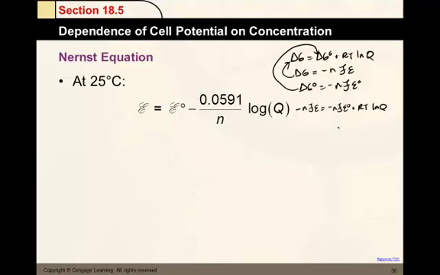Dividing both sides by negative NF, I end up with E equals E0 minus RT over NF, and I'll make the F the Faraday fancy F, ln Q. Because T, which is the temperature at 25 degrees, the R, which is the gas law constant, and the Faraday are all constant, and factoring in log and ln, when this is reduced at 25 degrees to a number, it can be therefore fully reduced to what you see over here.